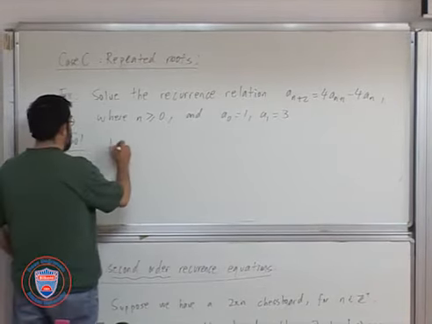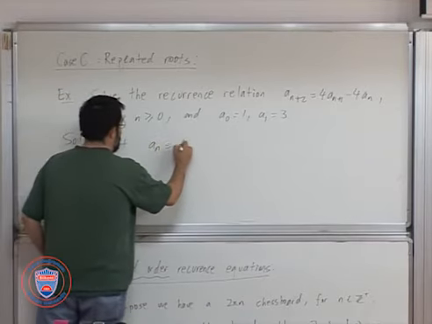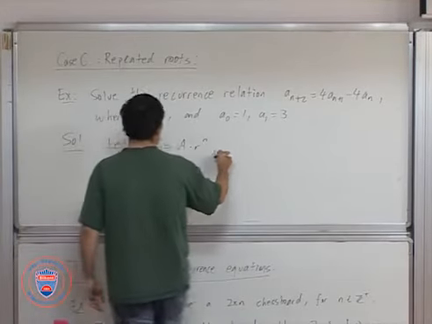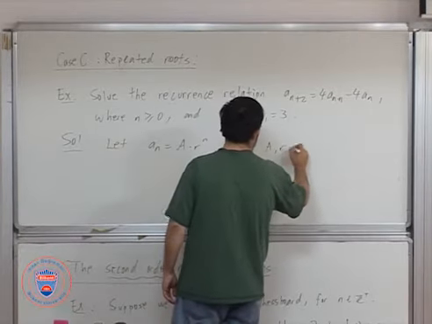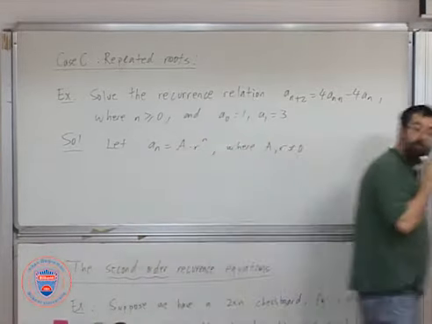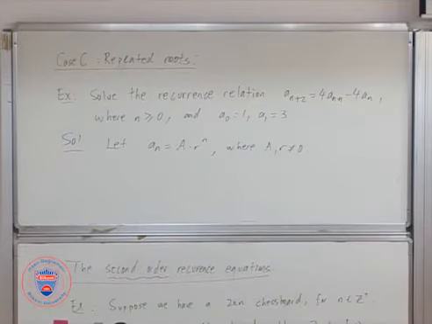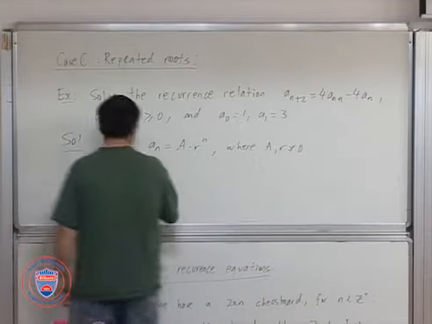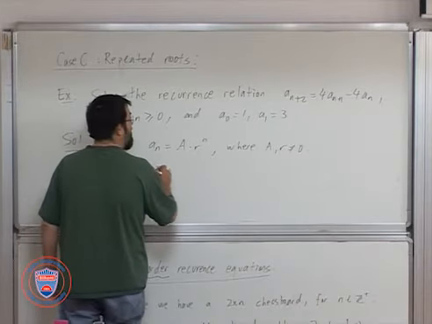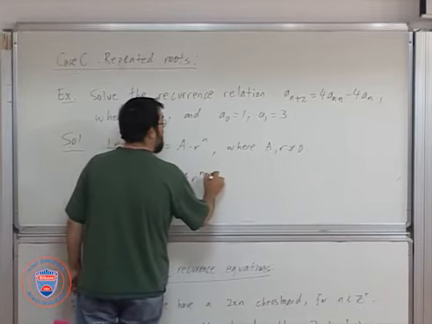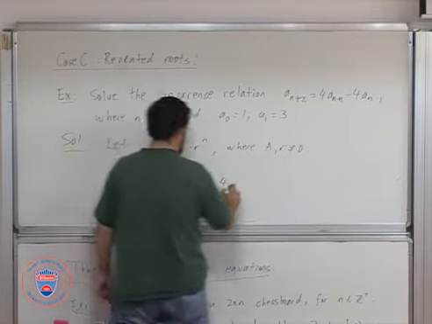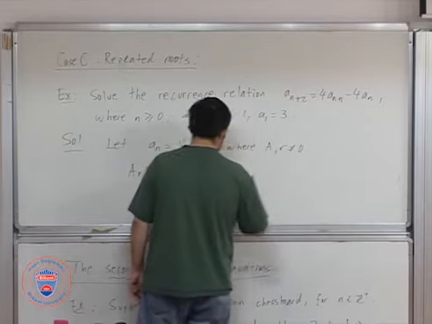Okay, so the solution is, again, you start with this. And once you put this into your an equation, you will get a r to the n plus 2 equals 4 a r to the n plus 1 minus 4 a r to the n.